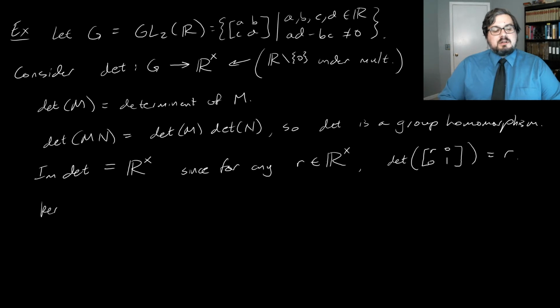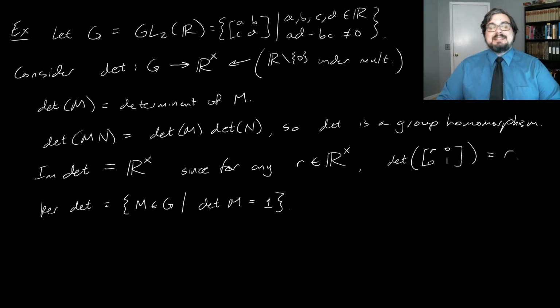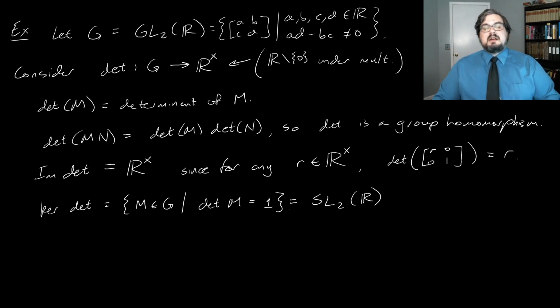Let's look at the kernel. The kernel of the determinant function will be the set of all matrices in G such that the determinant of M is equal to 1, because 1 is the identity element of the codomain. And we actually had a name for this. We called this the special linear group of 2 by 2 matrices over the real numbers.